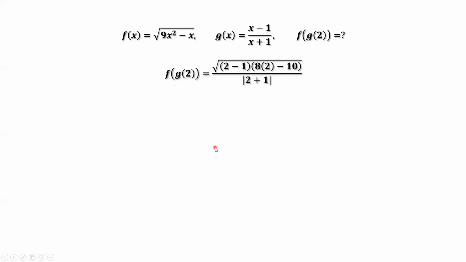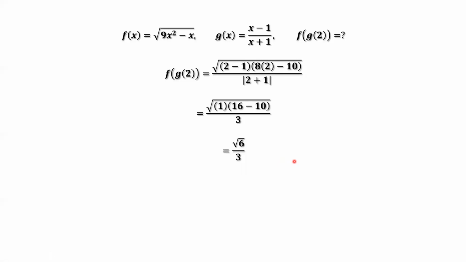Continue to simplify. We have f of g of 2 equals square root of 1 times 16 minus 10 divided by 3. Square root of 6 divided by 3 is the final answer for f of g of 2.